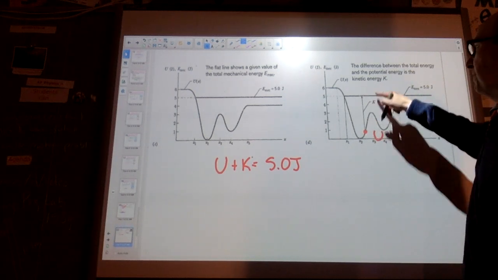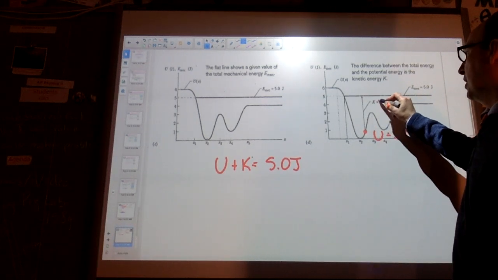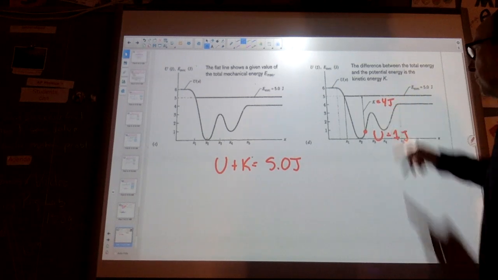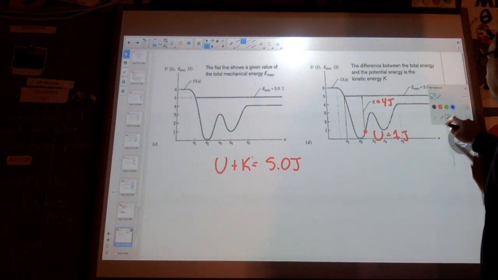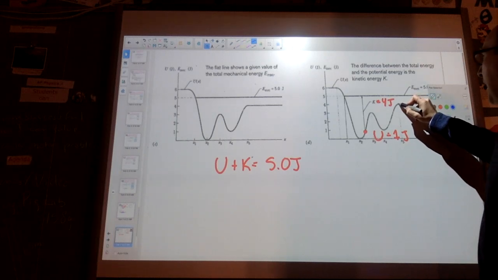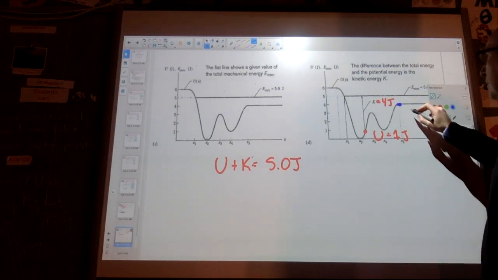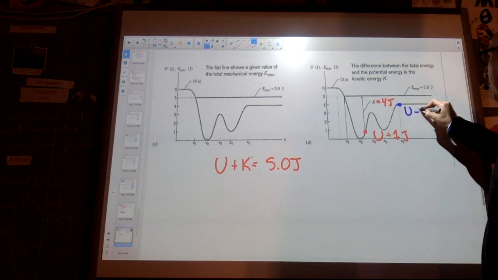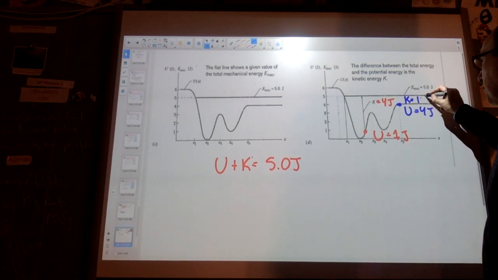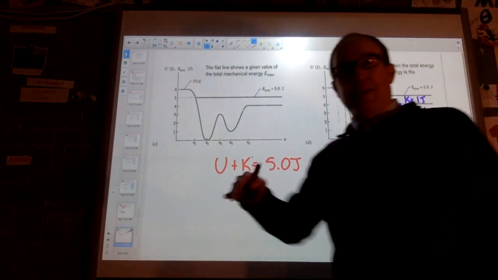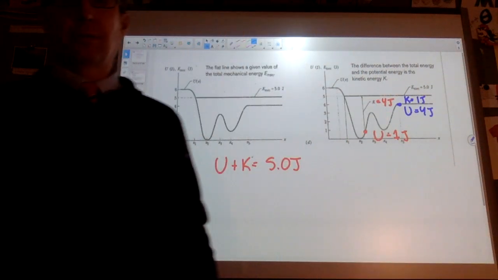I have to get up to 5 because that's the total energy. So that means my kinetic energy is 4 joules at that point. If I'm at this point here, and it looks like my potential energy is 4 joules, that means my kinetic energy must be 1 joule because I have to stay at that total energy.